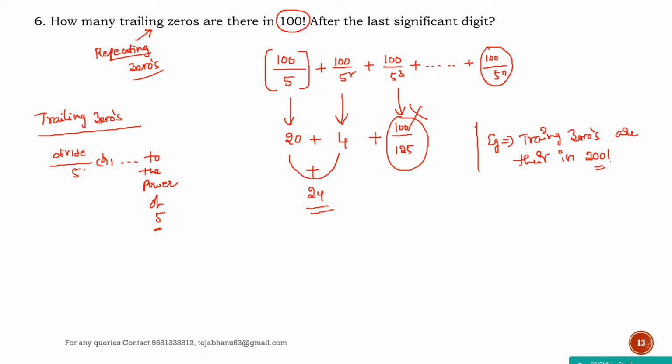Try to work on it. We'll discuss later after the ending of this session. Or try to tell me how many trailing zeros are there in 200 factorial.